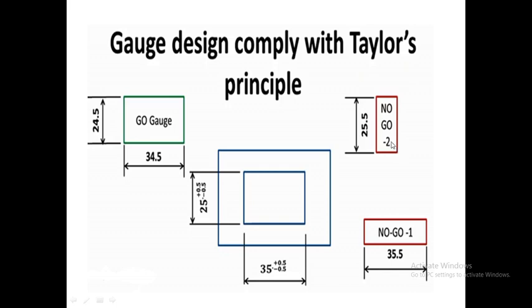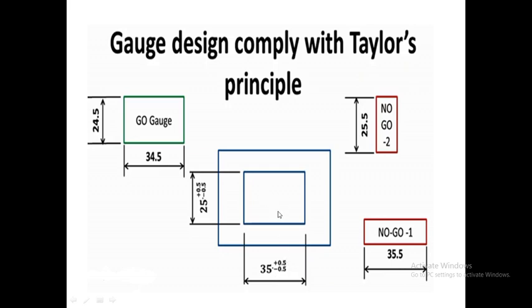Now for the no-go gauge, we have to design two gauges. Also, the no-go gauge checks the dimension corresponding to minimum material condition. Now this hole will have minimum material inside it when the dimensions are maximum. So we can say that when the length is maximum as well as when the height is maximum, the material contained inside the hole will be minimum, that is minimum material condition.